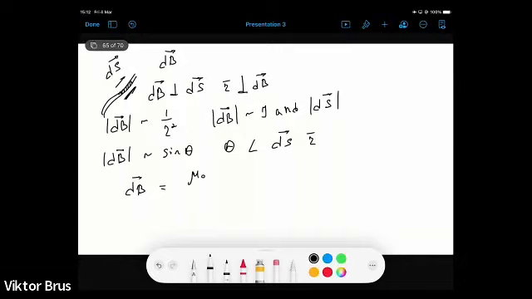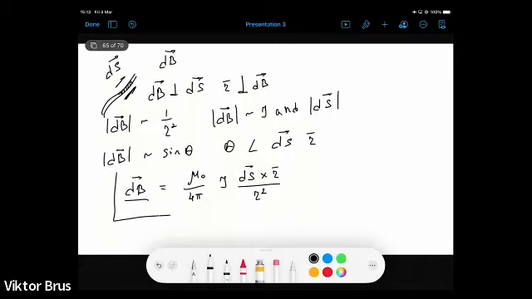We have mu naught divided by 4 pi. These are some constants. Then we have electric current I. Then we have the vector product of two vectors, ds times r unit vector. And this is divided by r squared, which is just the distance between length element ds and the point in space where we determine the magnetic field vector.